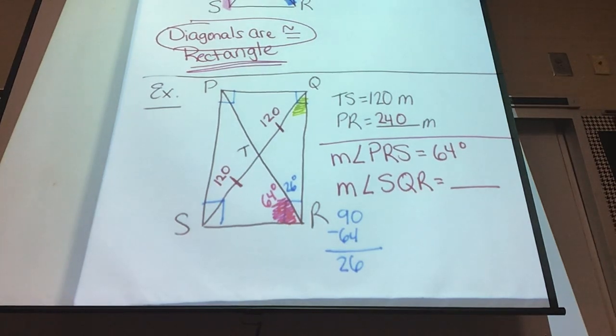So now, if that angle is 26 degrees, then what? Angle Q. Q is 26. Then angle Q is also 26. That is correct.